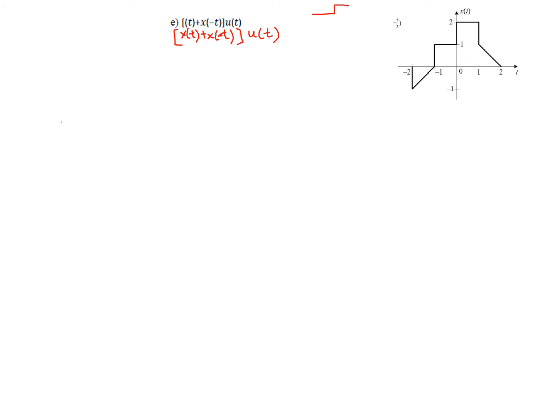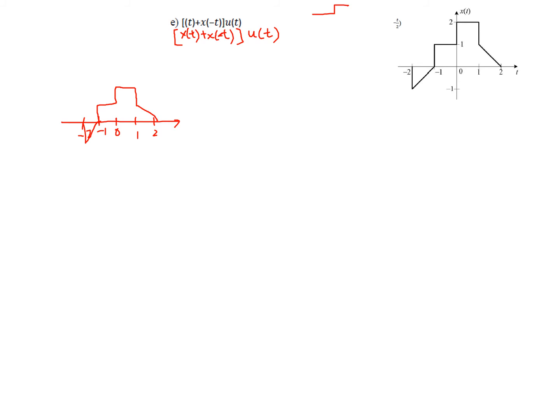So what we're going to do is that we will just draw out both x(t) and x(-t). So this is 0, this is 1, this is 2, this is negative 1, this is negative 2. So it looks like this.